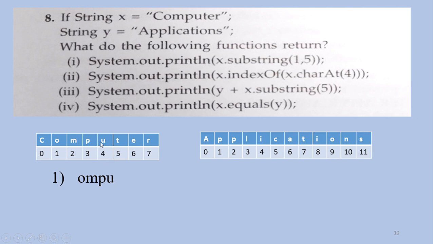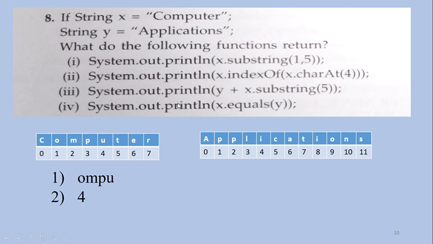What is the character? U. So you will get the answer x.indexOf, this will return u. What is the index number of the letter u? It is 4. So your answer will be 4. Clear? Always start from your inner functions. Then solve the inner function. Then come to the outer functions.